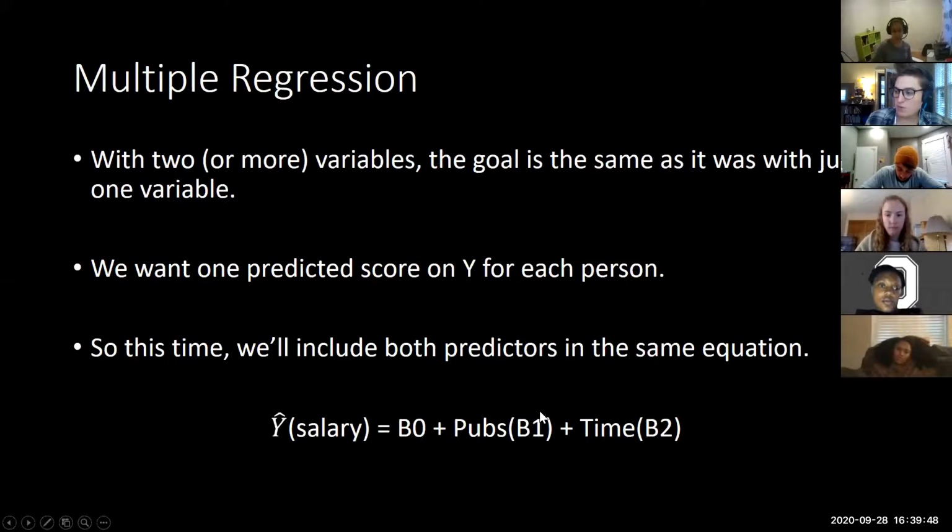Before, remember, we were calling it B1, now we have B2, and you can extrapolate that. We can go all the way out as far as we want. And in the stats textbooks, they'll indicate that with an ellipsis and then X times B sub N or something like that, to say all the way out to N predictors.